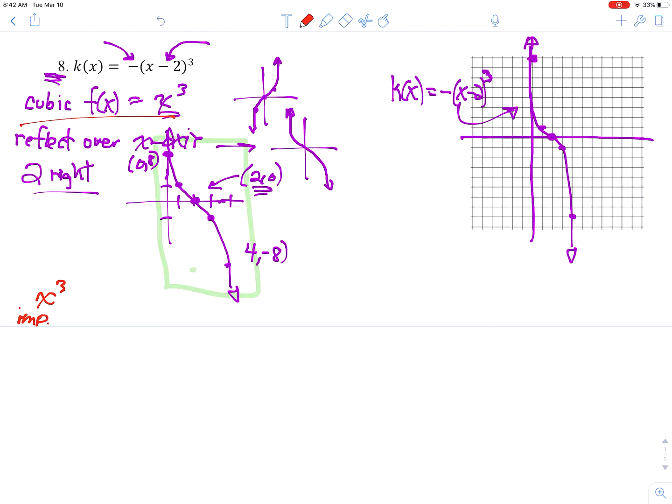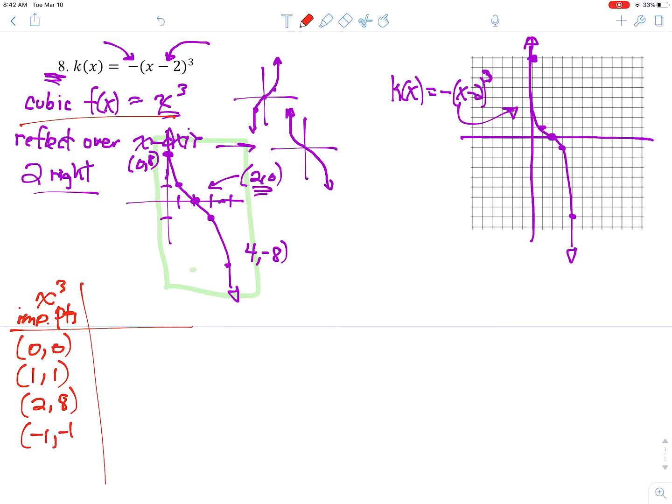Let's say IMP PTS, and I'm going to say (0, 0), (1, 1), (2, 8), and then (negative 1, negative 1) and (negative 2, negative 8). And then go through those two transformations that are happening and adjust the points accordingly.